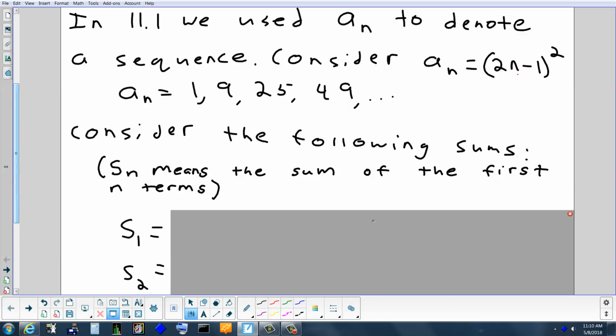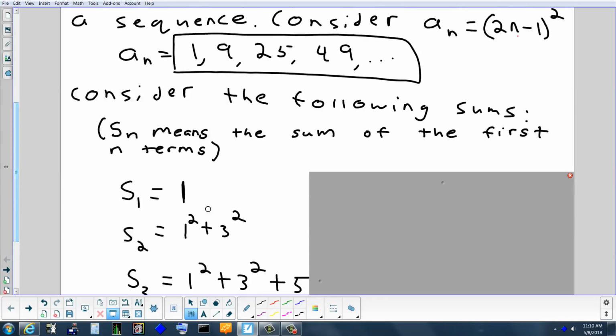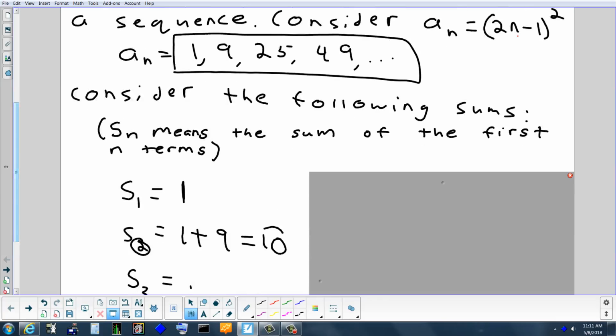Well, if you add up the first 1 terms in that sequence, it's just the first term. So S sub 1 is 1. I had some of these written, but I want to do them out with you. S sub 2 means to add up the sum of the first 2 numbers in our sequence. So we have a 1 plus a 9, 10.